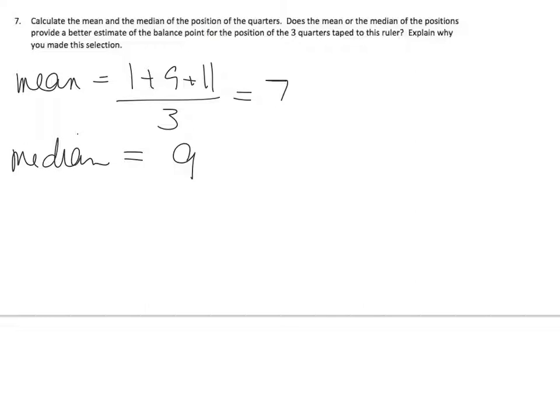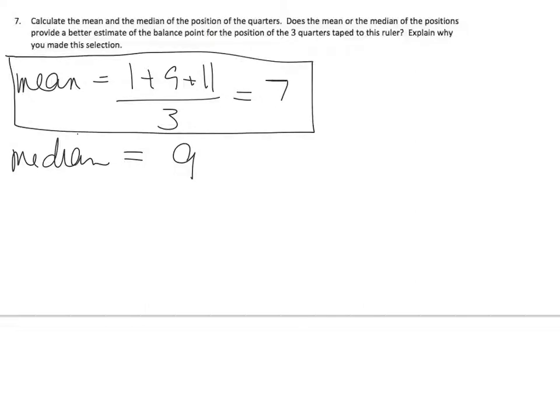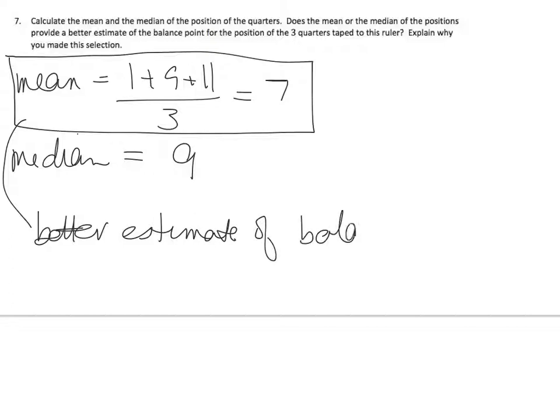Well, which one is it? Is it the mean or the median? Well, actually, it is the mean. It provides a better estimate of the balance point. Why, do you ask?